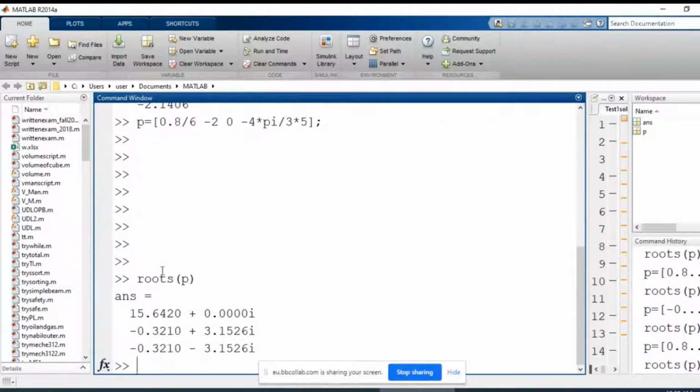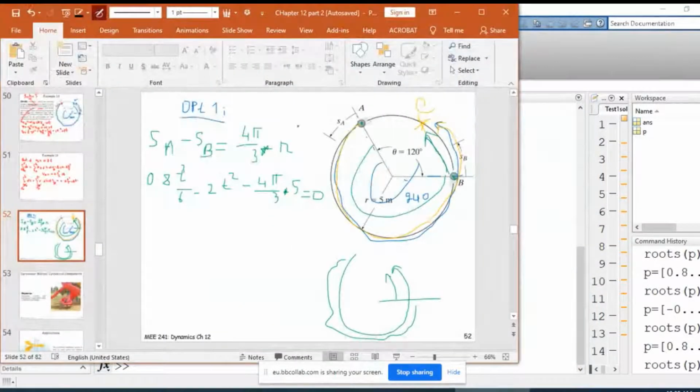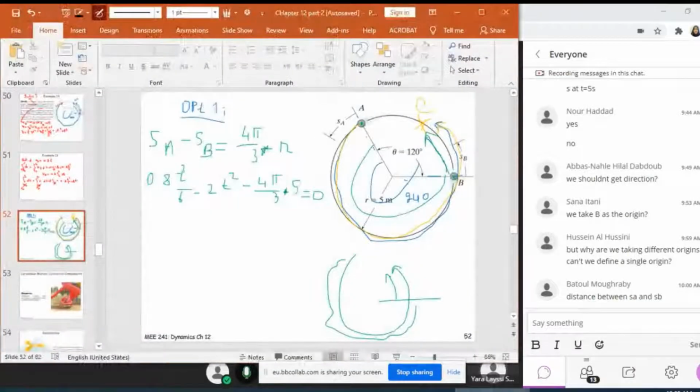I'm going to have 3 roots: 2 of them are complex and 1 of them is real. And of course, guys, I have to take the real root, which is here T is equal to 15.64 seconds. So this is for option 1.